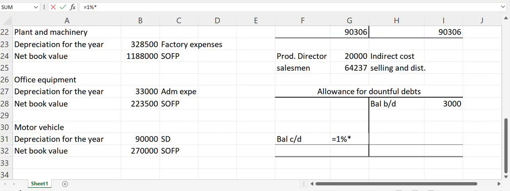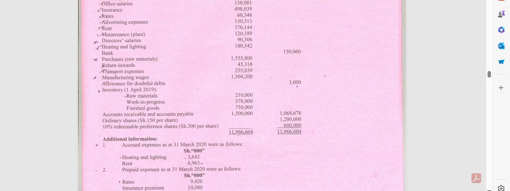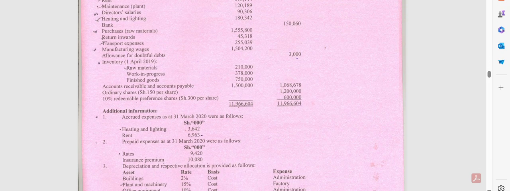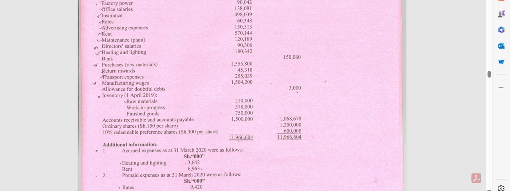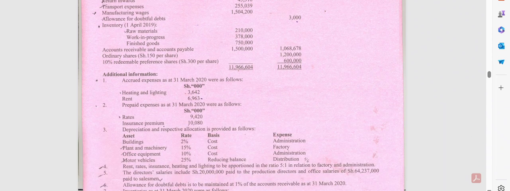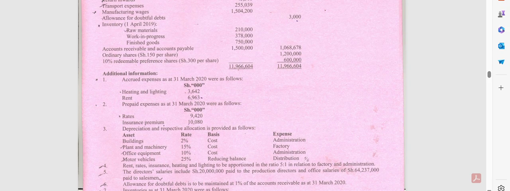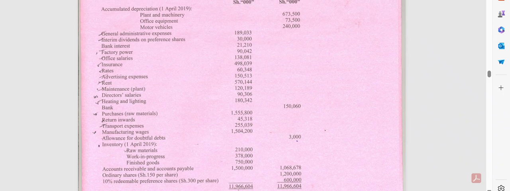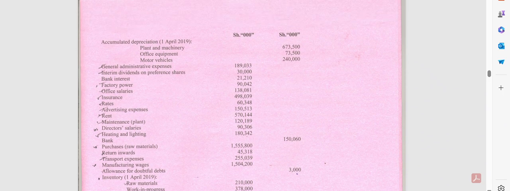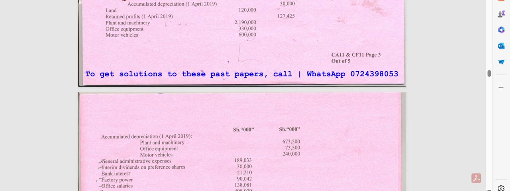So let us go to the account receivable. Closing debtors or closing receivables should be somewhere here. Check for the receivables figure. Where is the receivables?